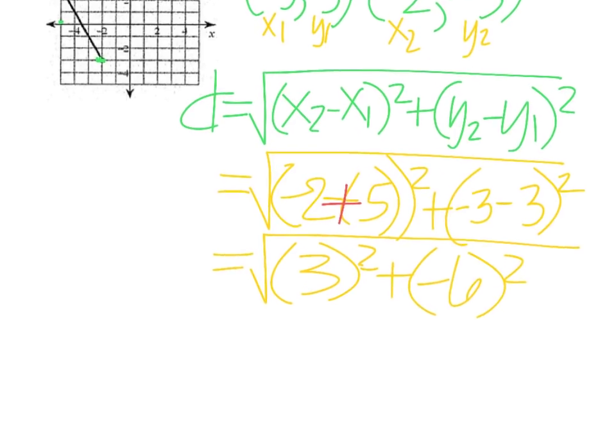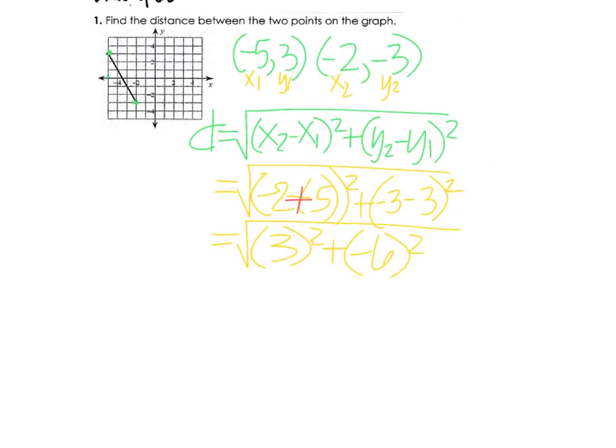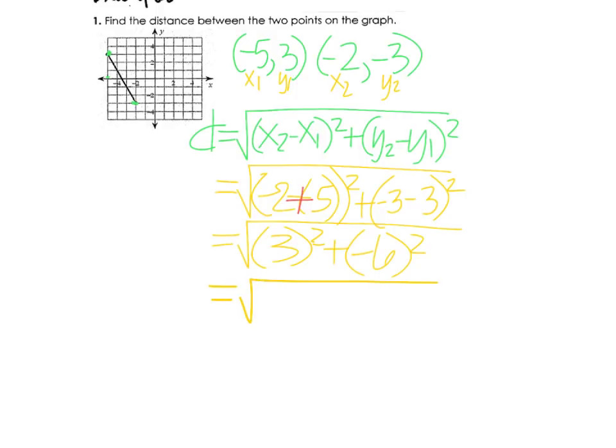And then we keep simplifying. All right, equals the square root. 3 squared gives us 9 plus -6 squared gives us 36. 9 plus 36 gives us 45.